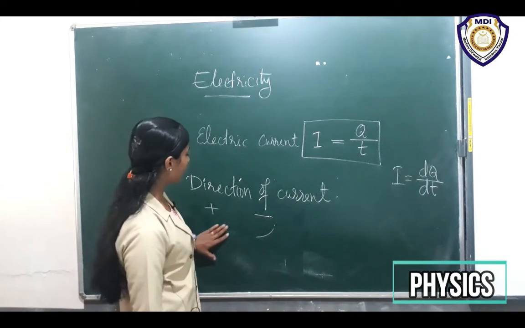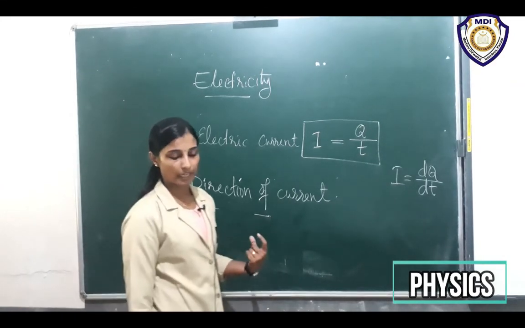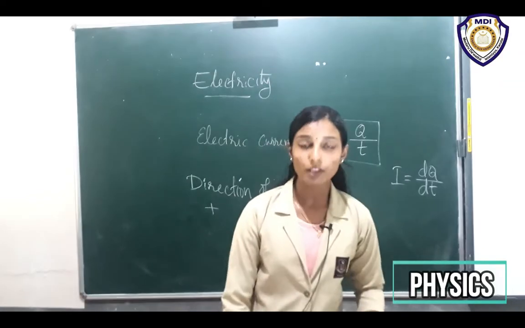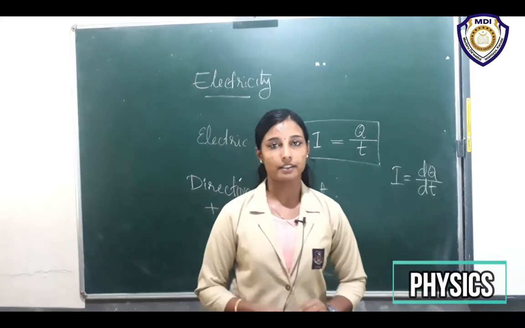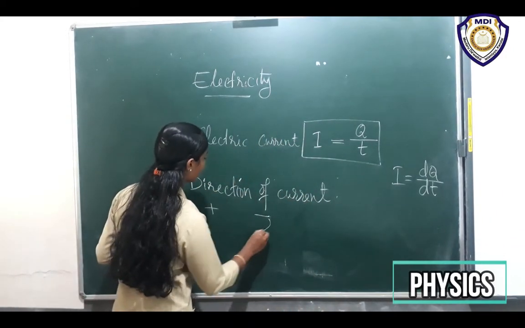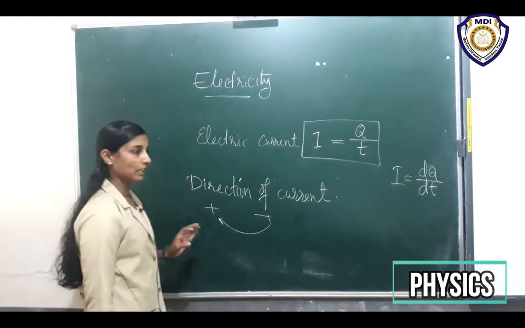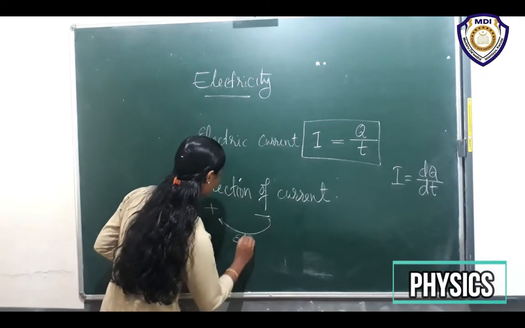Okay, so the flow of charges from negative terminal to positive terminal, that is the flow of electrons, constitutes electronic current, right? That is negative terminal to positive, that constitutes electronic current. This is electronic current.